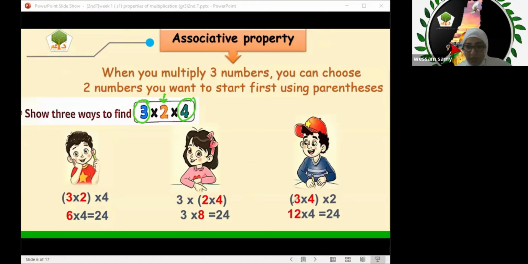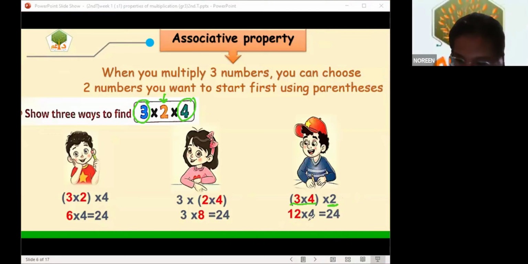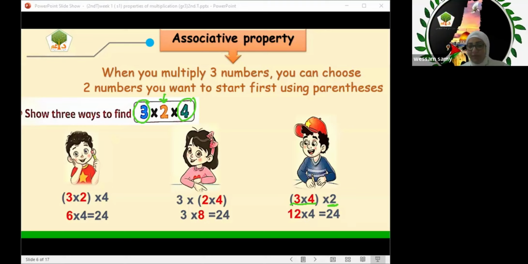So look, he put the 3 and the 4 in a bracket, and then he keeps the 2 alone. So, my dear Noreen, 3 times 4 equals what? 3 times 4 equals 12. That's great. And 12 times 4 equals what? 24.